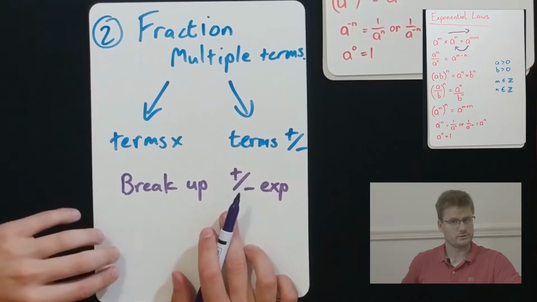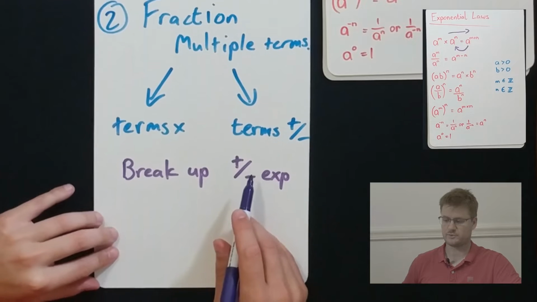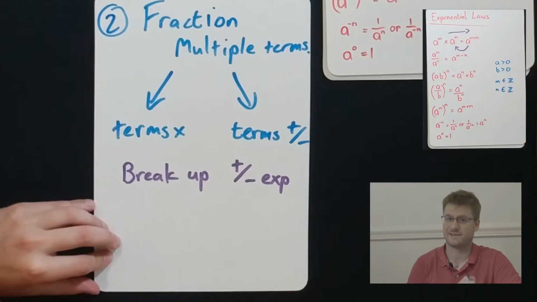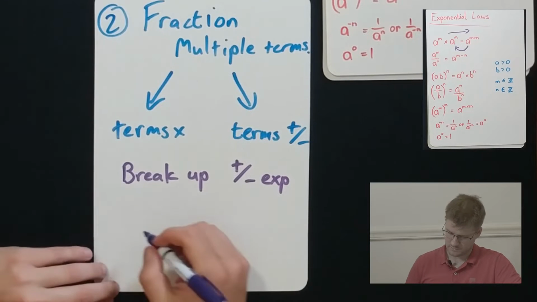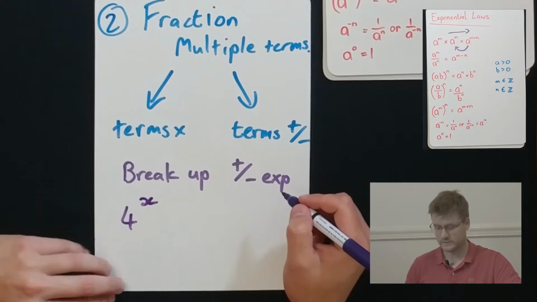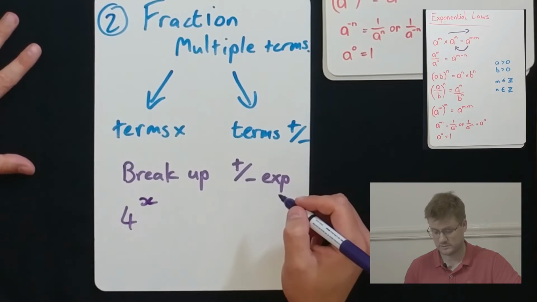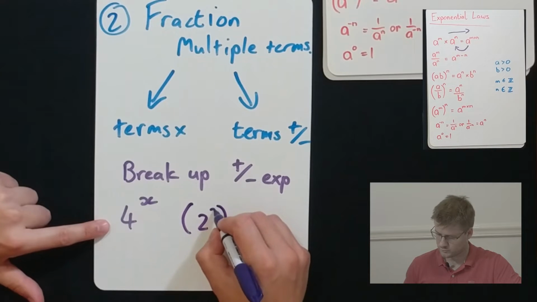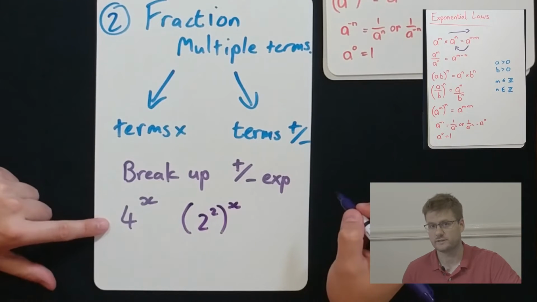The second thing I want you to think about is decomposing any numbers into their simplest prime values. For example, if we had 4 to the power of x, it is often going to be beneficial to take that 4 and break it down further as 2 squared to the power of x.